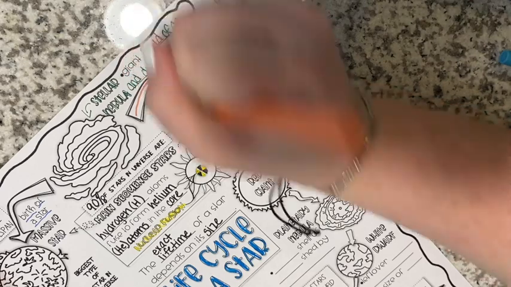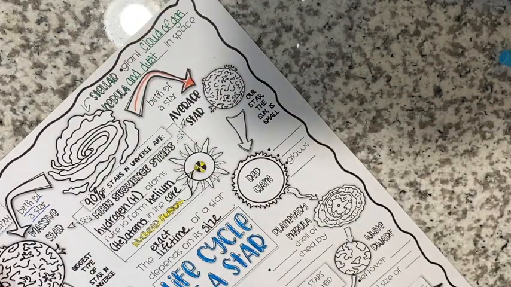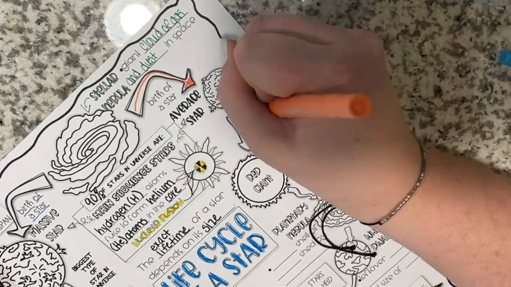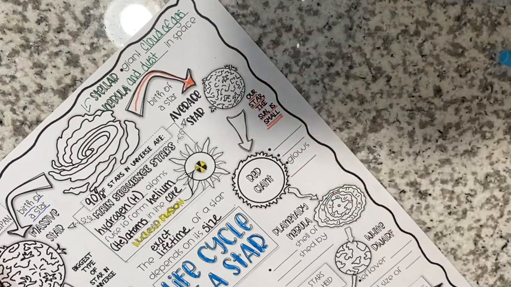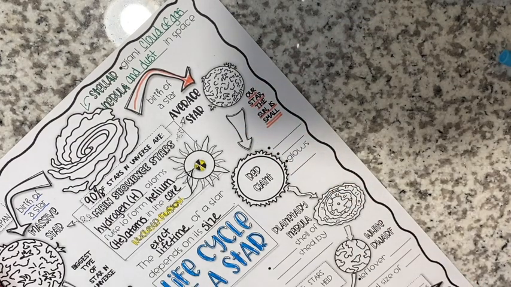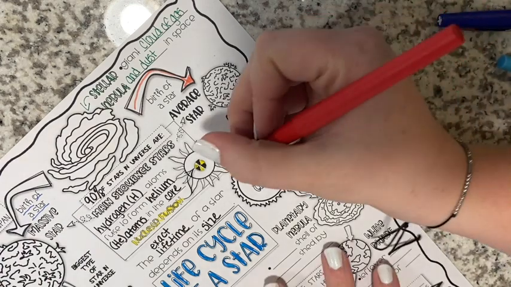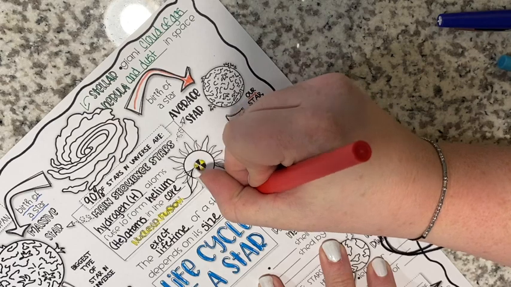Now let's look at what happens when an average star is born from the stellar nebula. Our local star, also known as the Sun, falls into this category because it is a small star. Average stars create red giants.